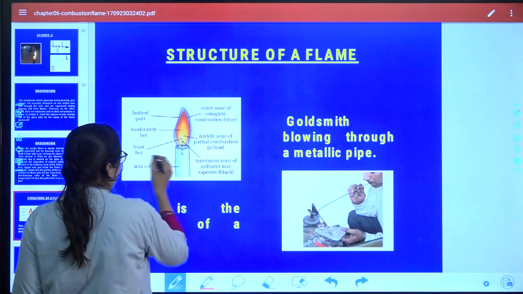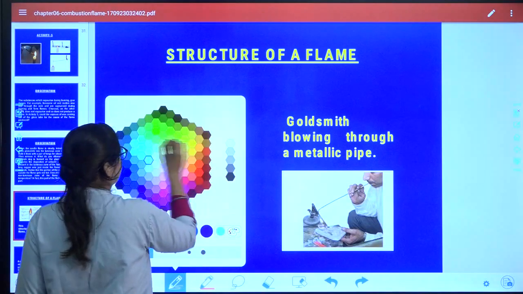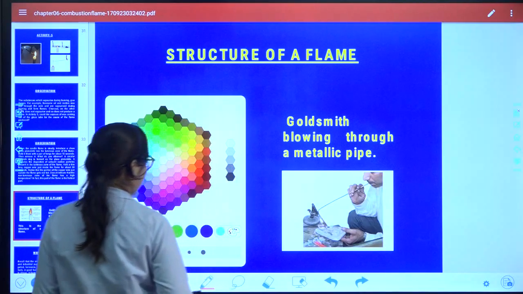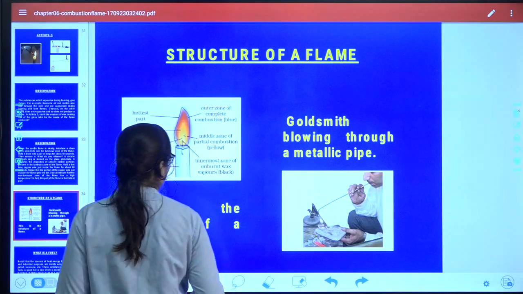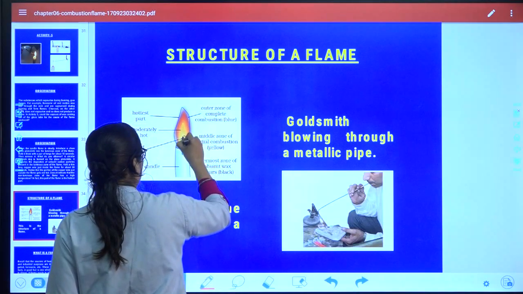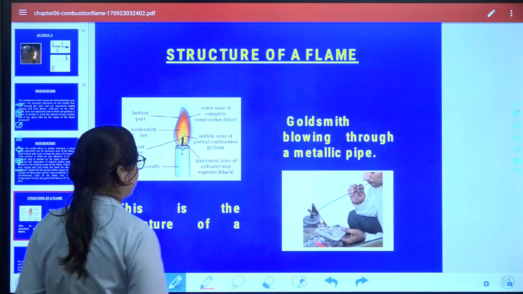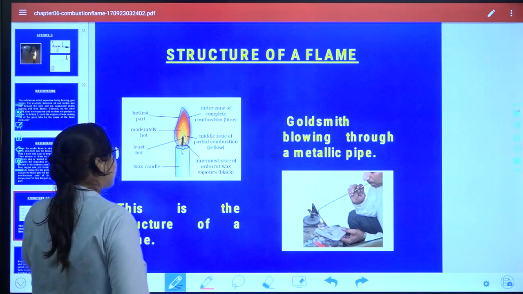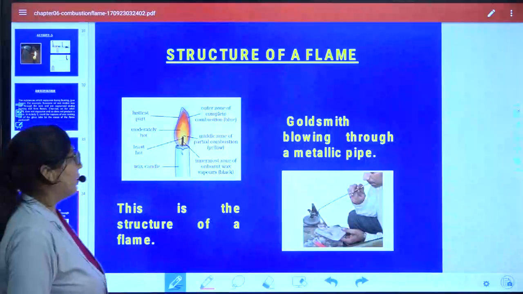In between, here you have black, which depicts that there is no combustion being carried out over here. The innermost zone of unburnt wax particles is black in color. We have already done these zones. The outer zone is the hottest part because it is getting sufficient oxygen; here it is not getting.